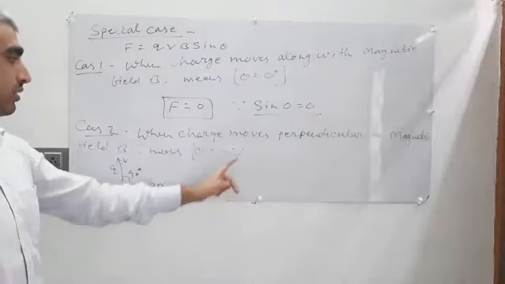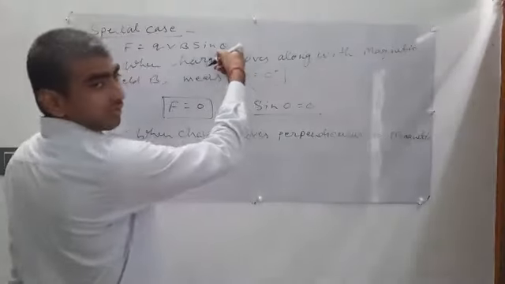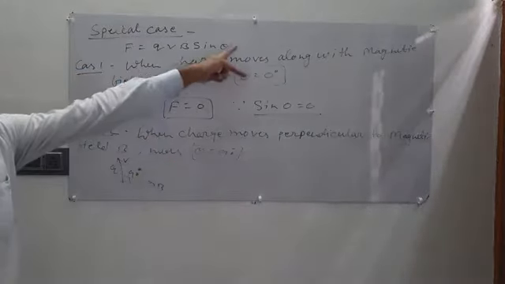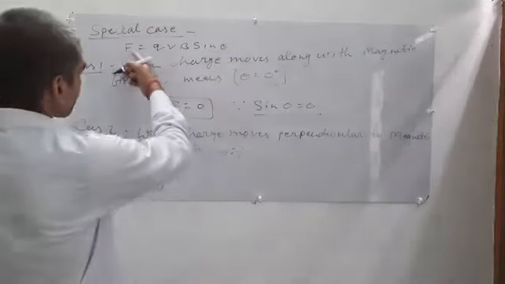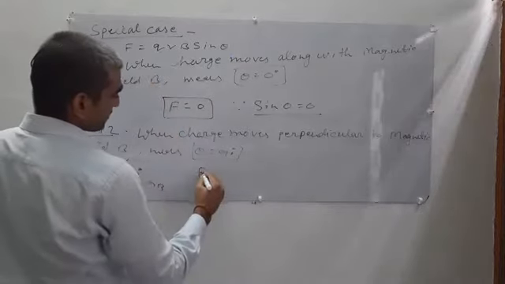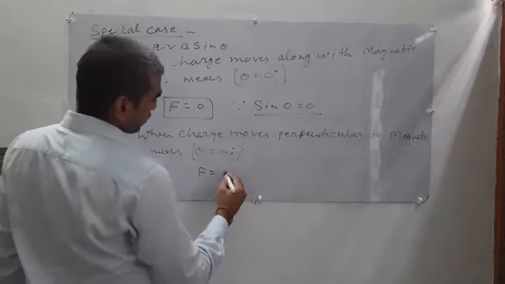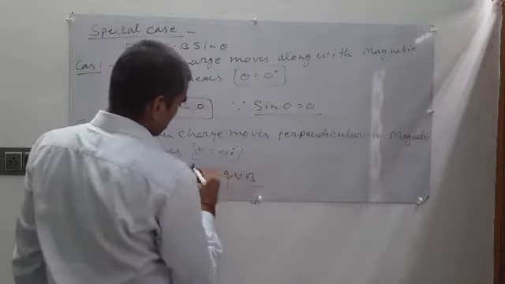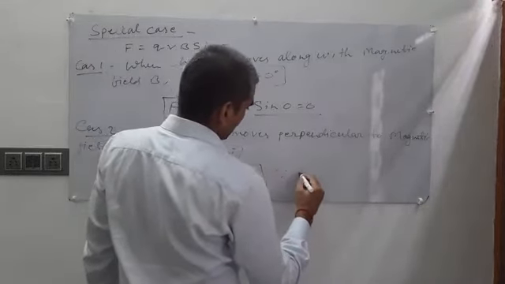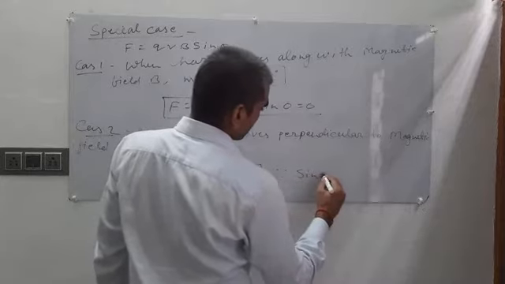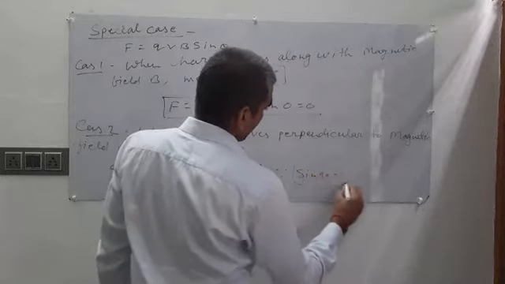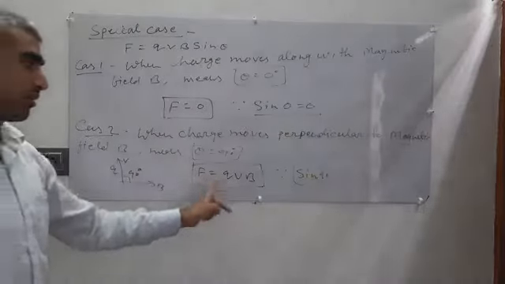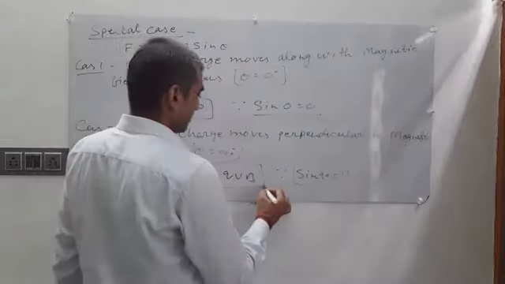And when we put theta equals 90 degrees in this formula, our equation becomes QVB, because sin 90 equals 1, and this is the maximum value of force acting on a charge in a magnetic field.